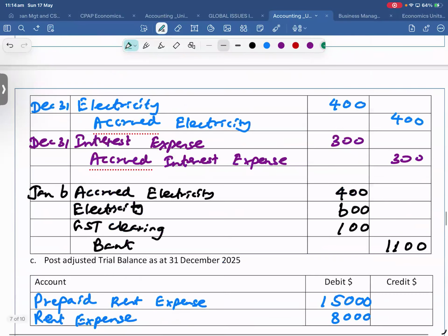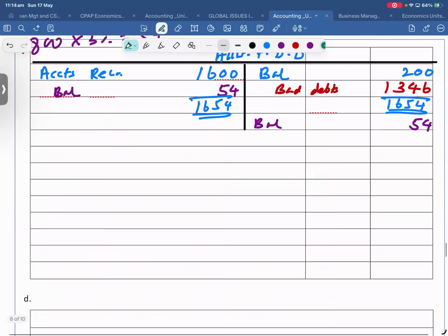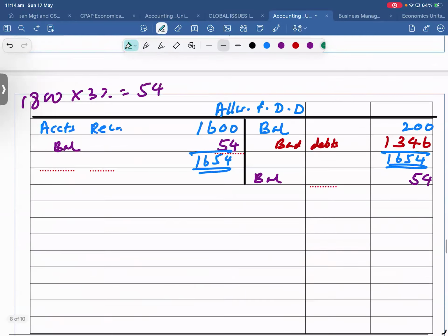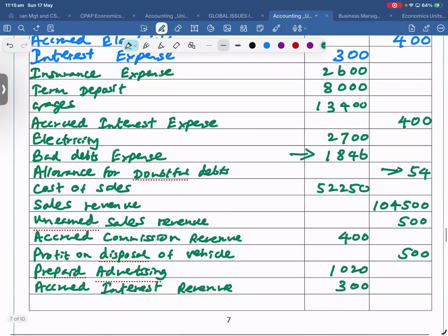I fixed the bad debt expense 1846 and allowance for doubtful debt 54. Okay.